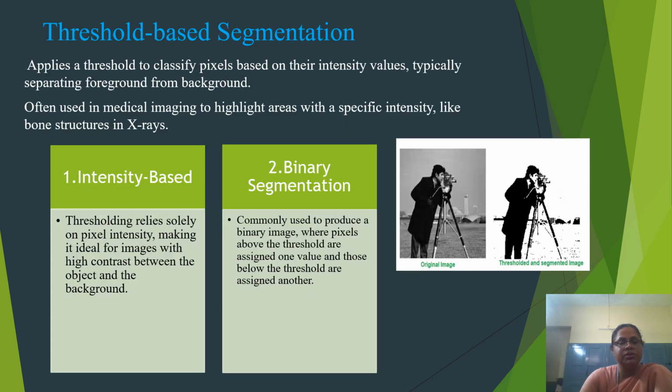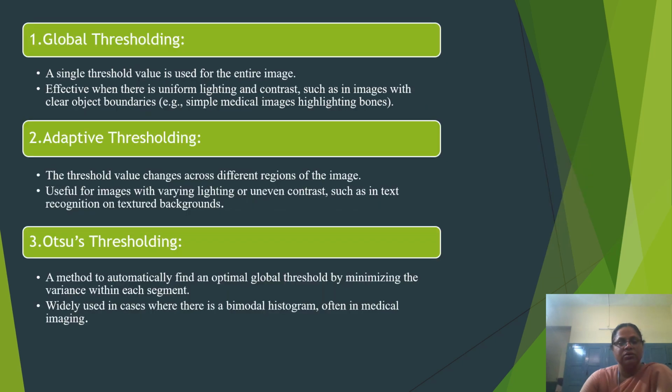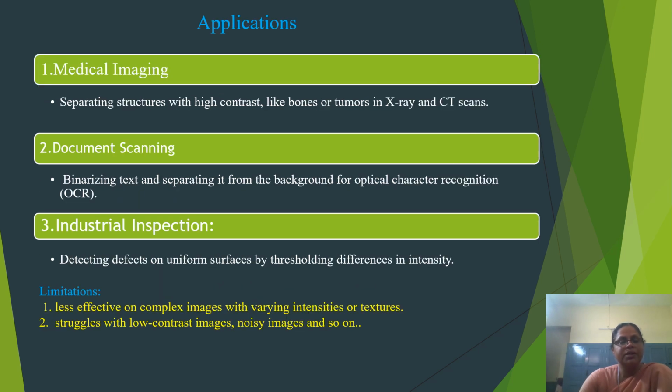Next, threshold-based segmentation applies a threshold to classify pixels based on their intensity values, typically separating foreground from background. The key characteristics are intensity-based and simple segmentation. The types of thresholding are global, adaptive, and others. The applications are medical imaging, document scanning, and industrial inspection.